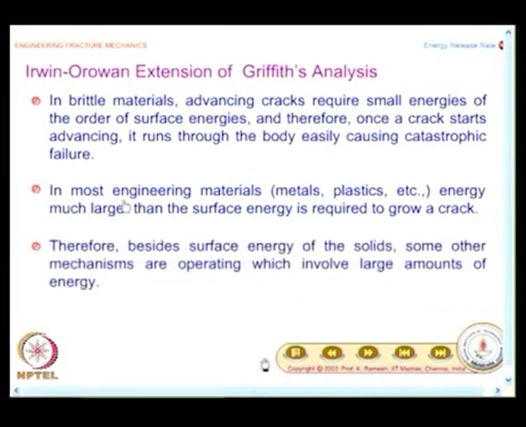So, in most engineering materials, energy much larger than the surface energy is required to grow a crack. This is one aspect. Another aspect is it does not remain constant, the resistance does not remain constant.